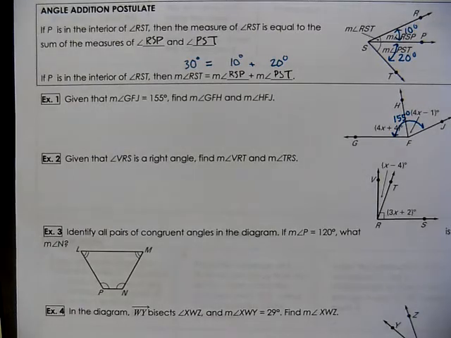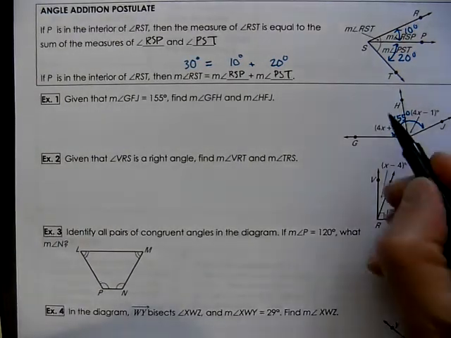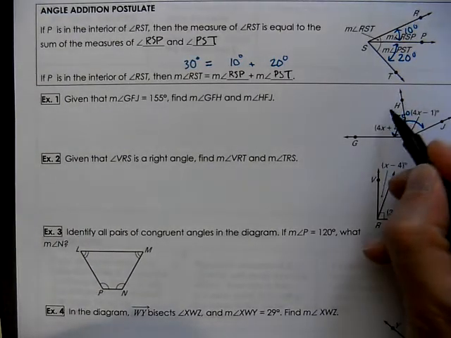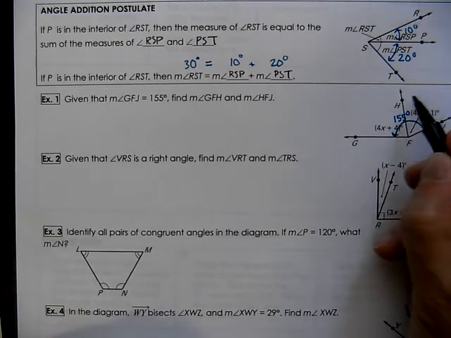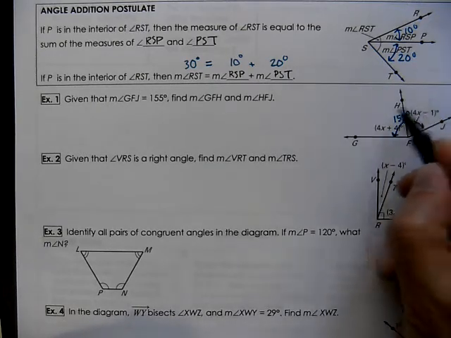So the angle addition postulate says we can take the small angle, add it to the other small angle that it's right next to, and that will equal the big angle.